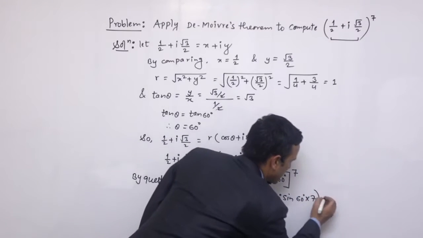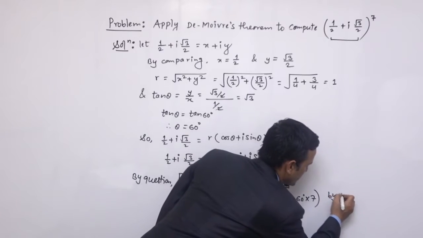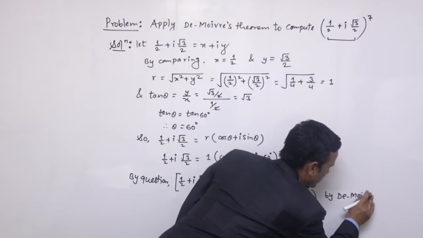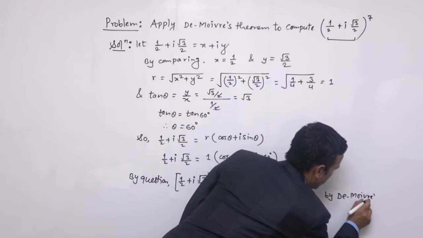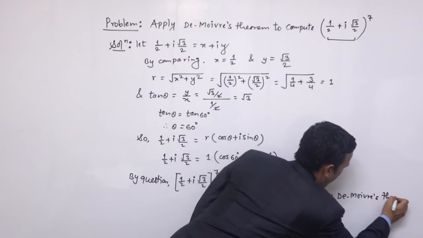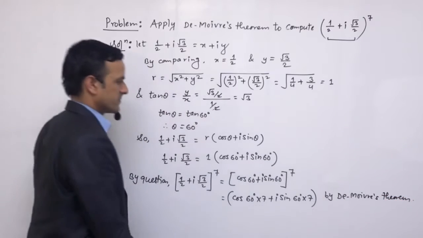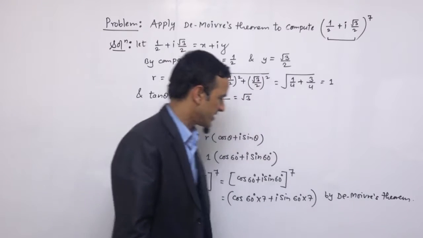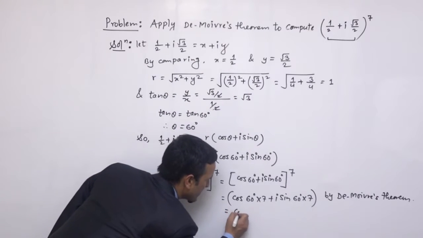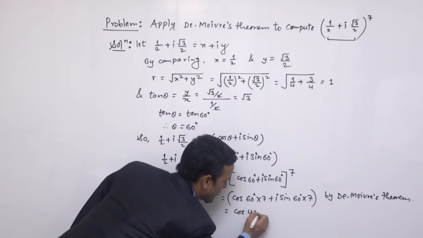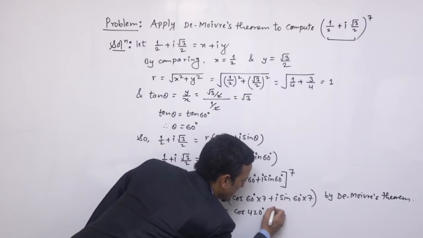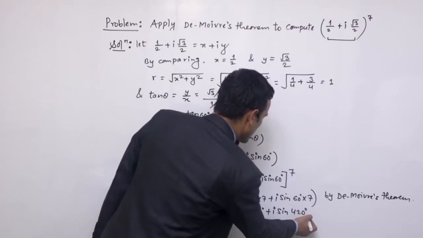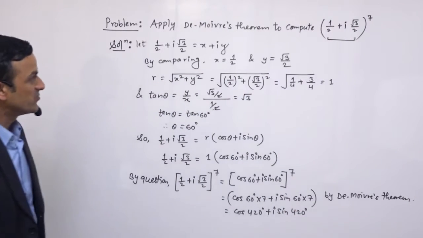So this is obtained by De Moivre's theorem. यो स्टेपबाट यो स्टेप आउनुको पछाडि De Moivre's theorem युज भयो. Now we can put cos 420 plus I sin 420. So in this way we can apply De Moivre's theorem.